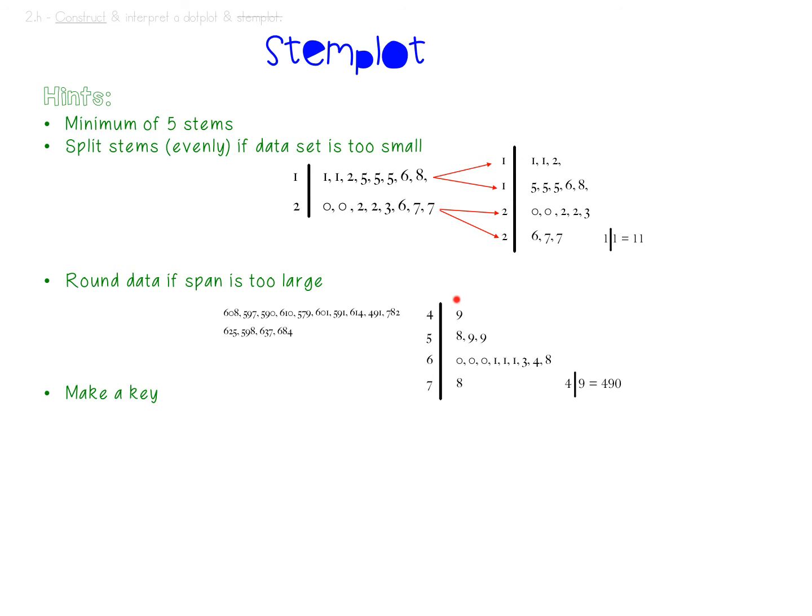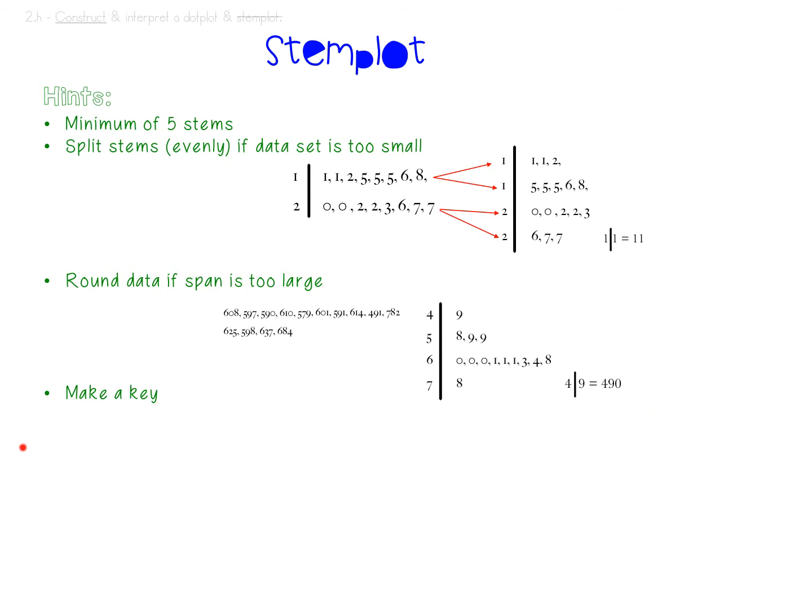So right here, I would have the 400s, the 500s, the 600s, the 700s, and this 49 means 490. So I've essentially rounded all these to the nearest 100. So 608 would be rounded to 600, so that's just a 0. 597 would also be rounded to 600 because I'm rounding to that nearest 100. We're not going to do a ton of rounding, but I just want you to know that that also exists.